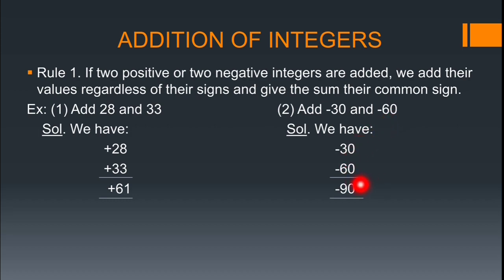The resultant outcome will be 90, because 30 plus 60 is equal to 90. Now what will be the sign? The sign will be the same as the given integers have. The given integers 30 and 60 both are negative, so we just put a negative sign before the number 90. It means -90 will be our final result.